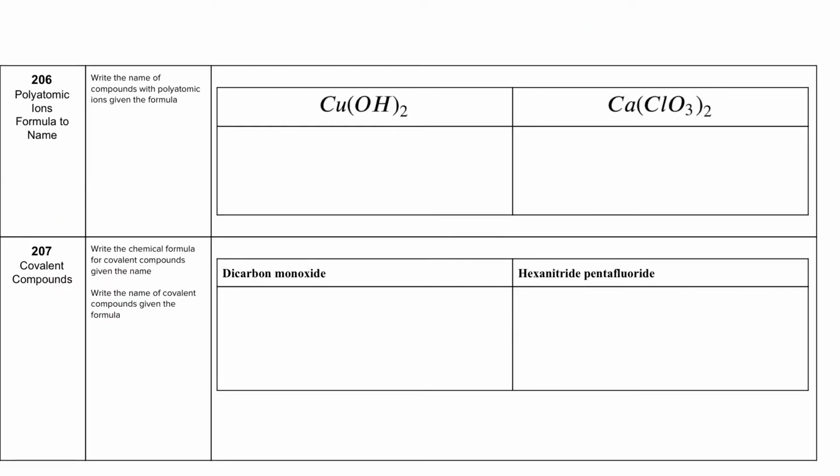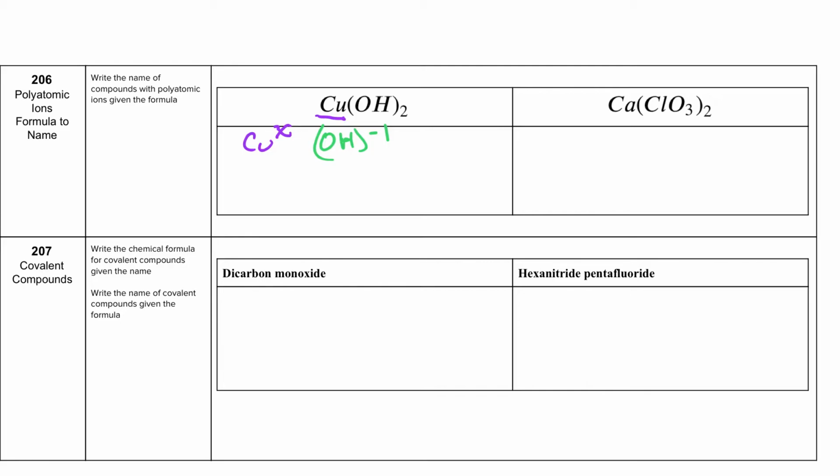Lesson 206 had us doing polyatomic ions. Given the formula, write the name. Now in this first example, my cation is copper. Copper has a variable charge, so we don't actually know what its charge is, and so we have to figure it out. My OH is my hydroxide ion, and that always has a charge of -1.